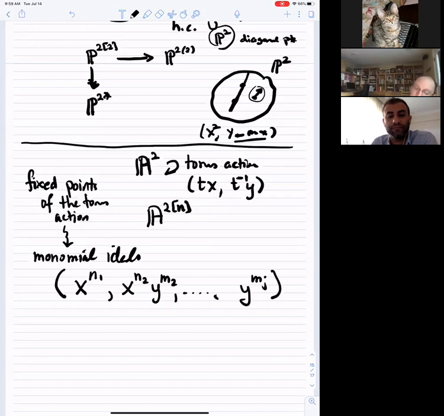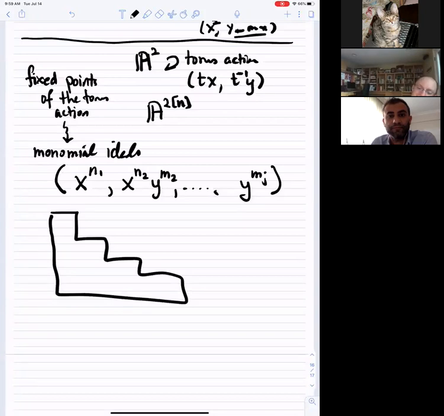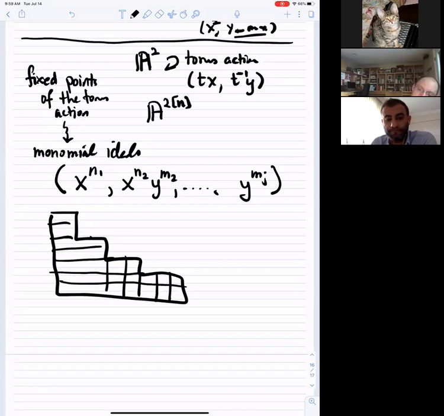The way you denote these things is by box diagrams like this. These are the combinatorial objects associated to these monomial ideals. You can write down the resolution and things like this in terms of this.